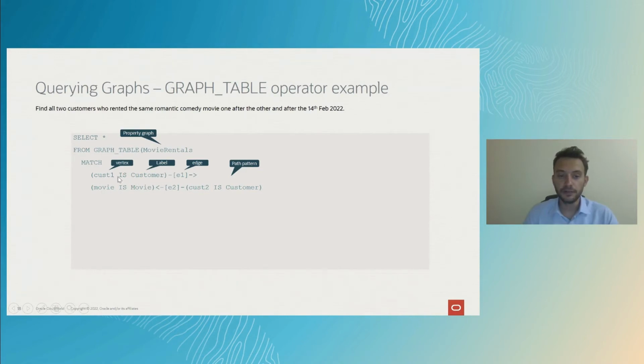So customer 1, with these open and close parentheses, I can specify that this customer 1 is a vertex, and then customer 2 is another vertex, and then they should be connected to the same movie. So I specify the movie, and then I connect customer 1 via edge 1 and customer 2 via edge 2 to the same movie.